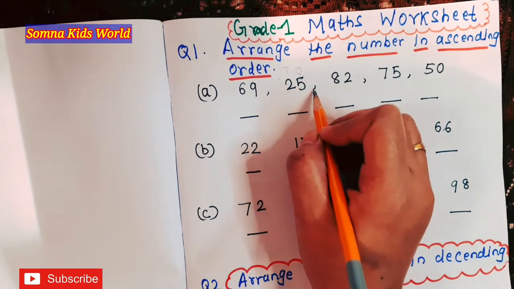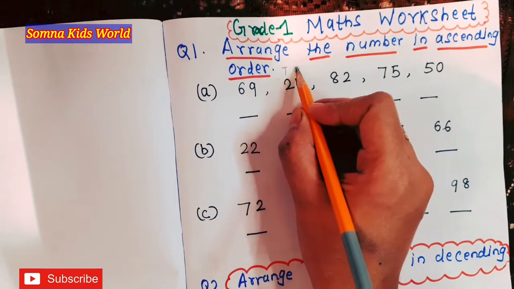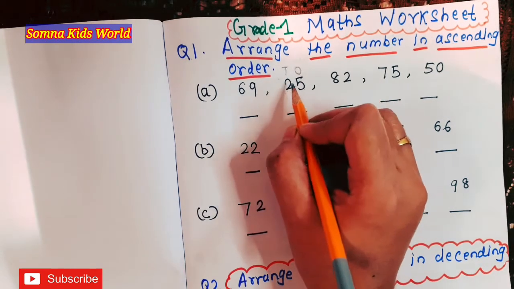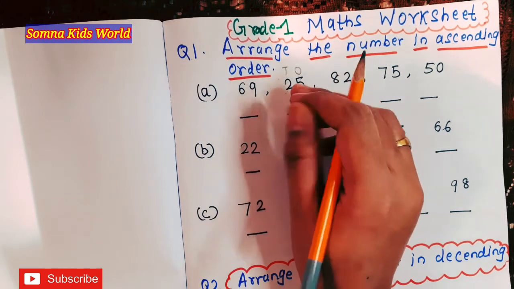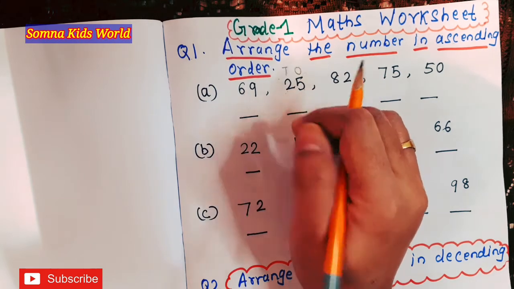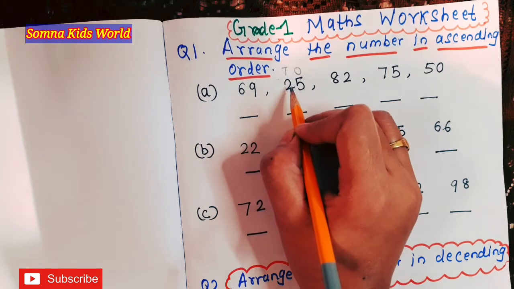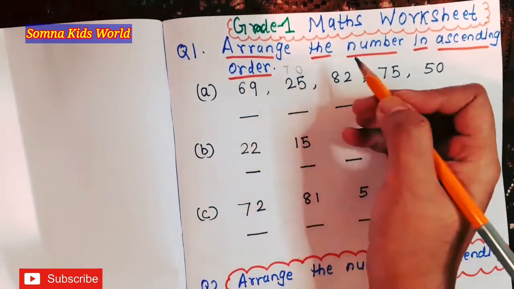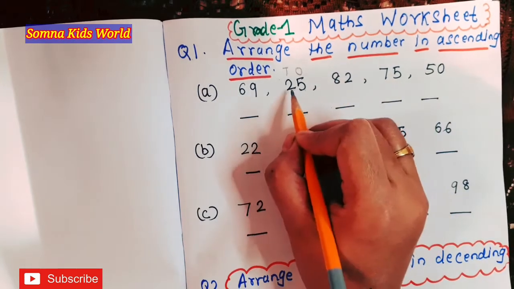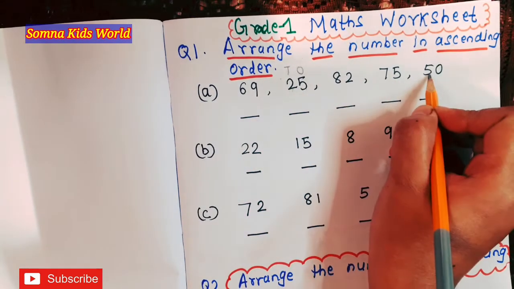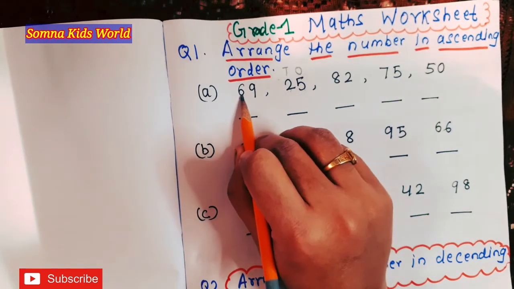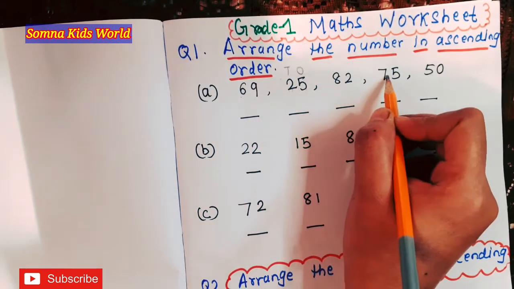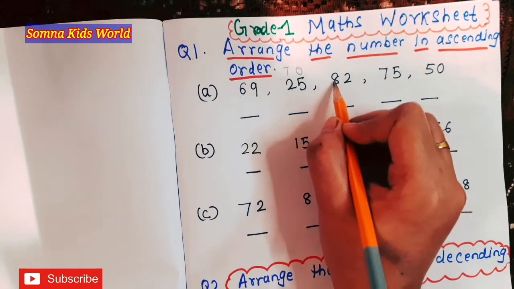They have to write tens and ones here. In the tens place they have to see which one is the smaller one. Like here 2, after 2 it's 5, then after 5 it's 6, after 6 it's 7, after 7 it's 8.